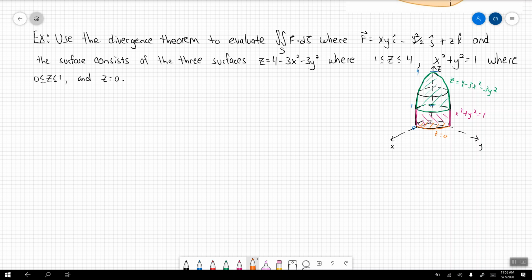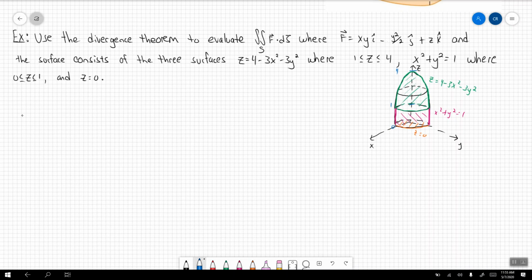Now, when we want to figure out this surface integral for this vector field with respect to its surface, we're going to have to use the divergence theorem, which tells us, hey, you don't need to worry about parametrizing these surfaces or working with the surfaces. All you need to do is figure out what is the total region that is being submerged and integrate the divergence of the vector field with respect to that region.